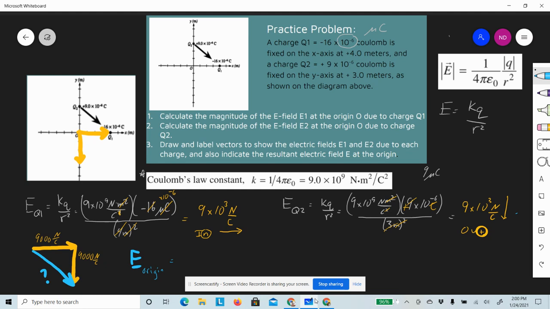Second answer: 12,728 newtons per coulomb, down and right, 45 degrees. Nothing too crazy.